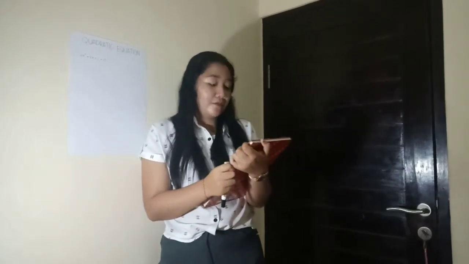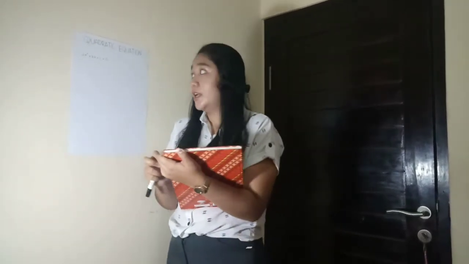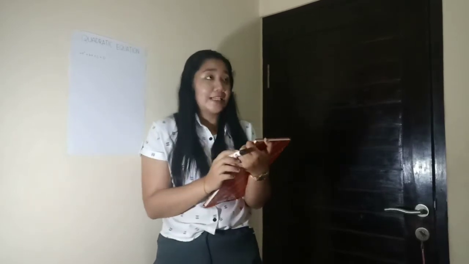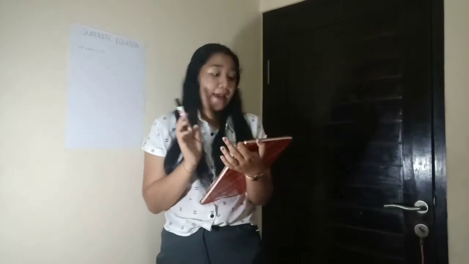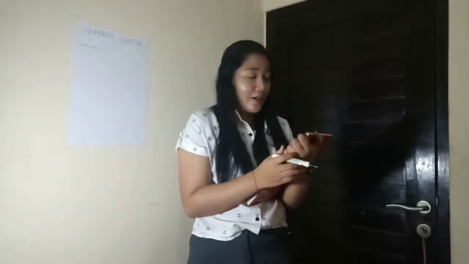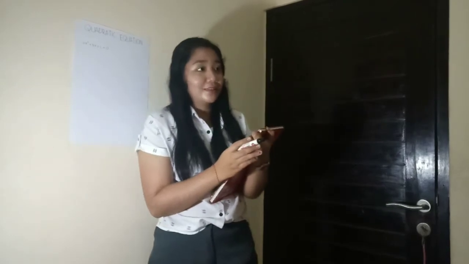Then what if b or c is equal to 0? It's still a quadratic equation because the x squared term is not removed. That's my answer. Do you get it, Catherine? Yes, I do, Miss. Thank you for your explanation. You're welcome. Is there any more questions? Okay, if not, I will continue the lesson.